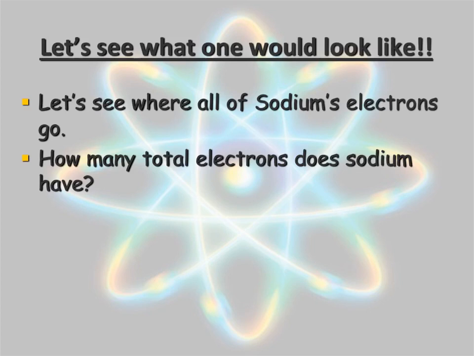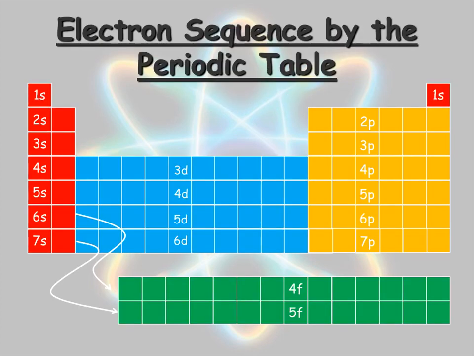Okay, so let's talk about sodium. Sodium has a total of 11 electrons, and we want to describe where each of those electrons are. To do that, we are first going to get out our handy dandy electron sequence periodic table.